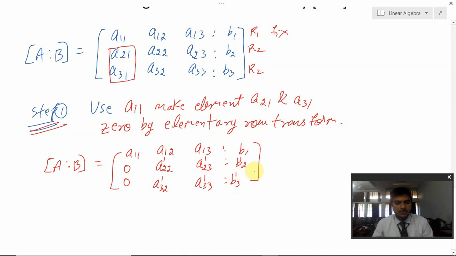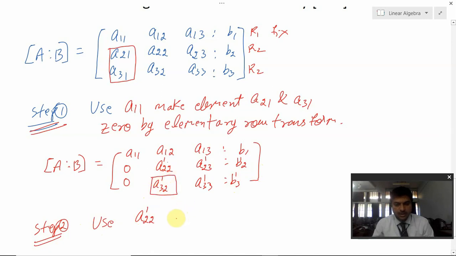Now again, go to step 2. Use A22 dash. So you are going to use this value to make this term 0.